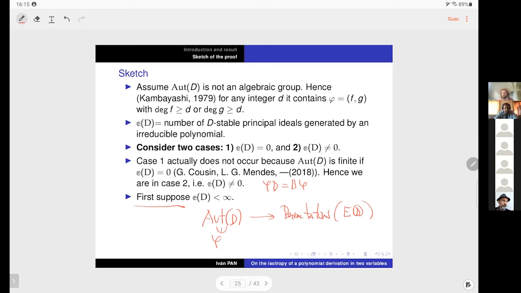Under this hypothesis, this group of permutations is finite.